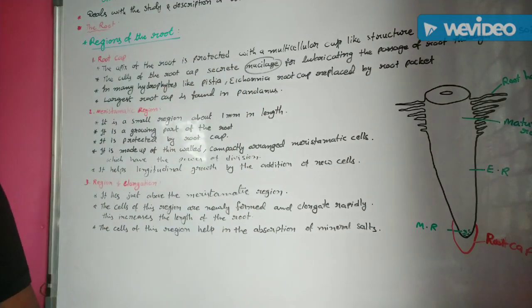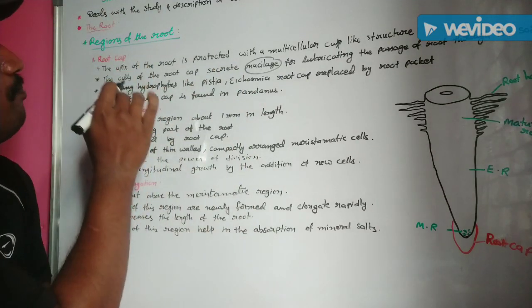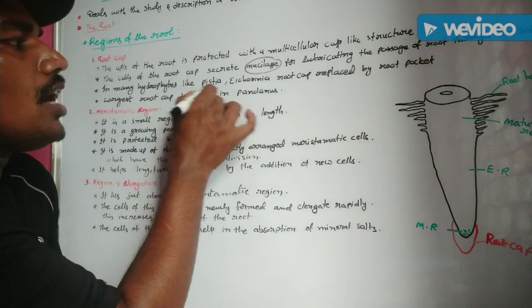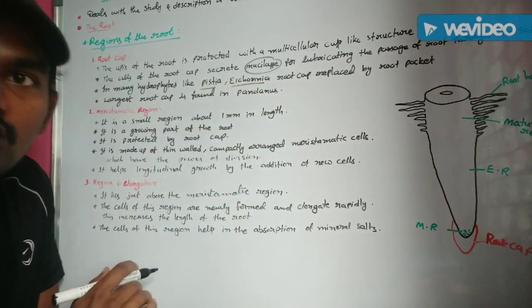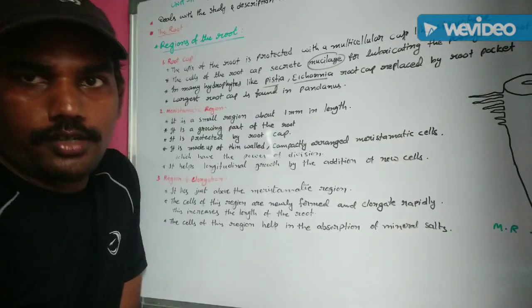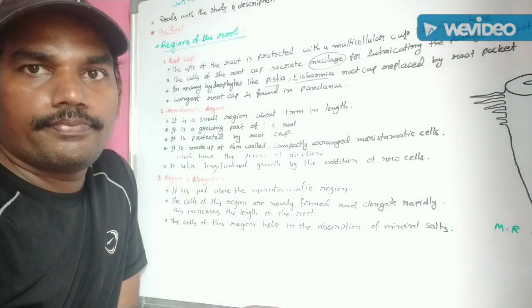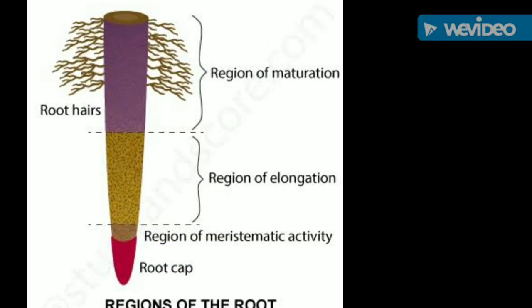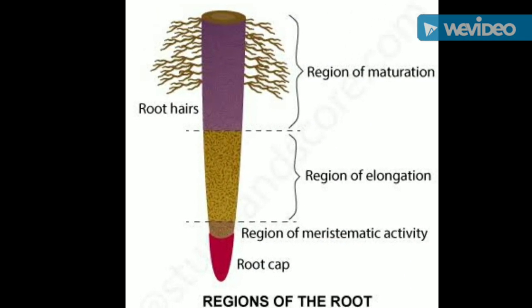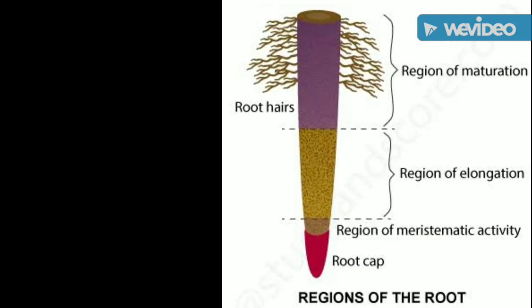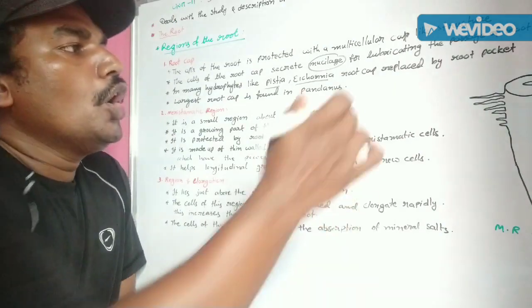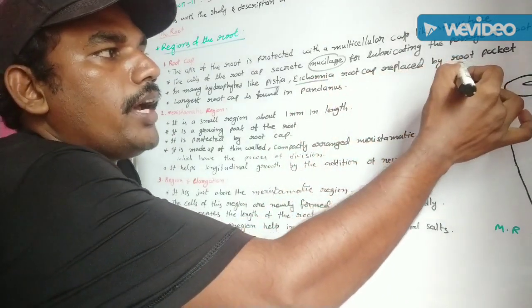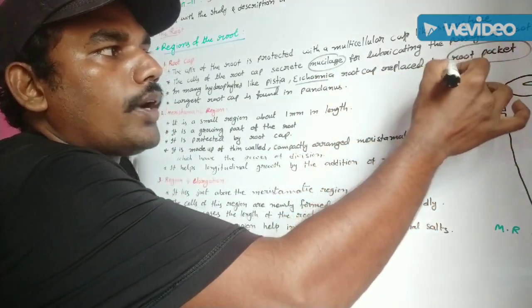Understand? Next one. In many hydrophytes like Pistia and Eichhornia, the root cap is replaced by pocket-like structures.